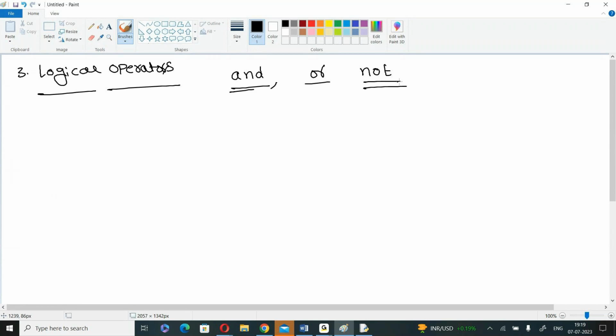The logical operators are applied between the booleans. Boolean means true or false.